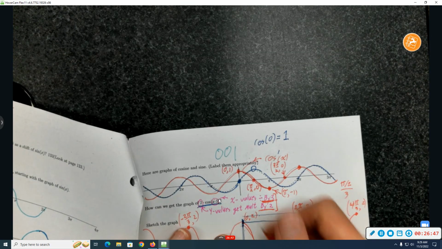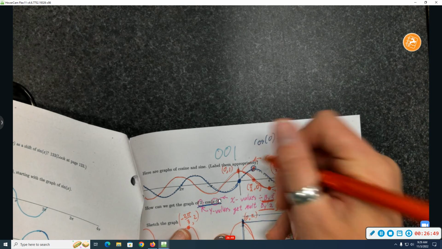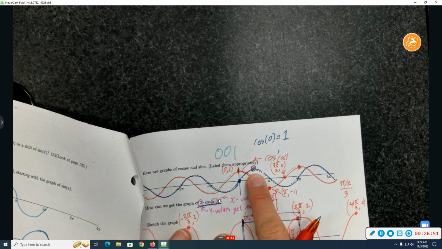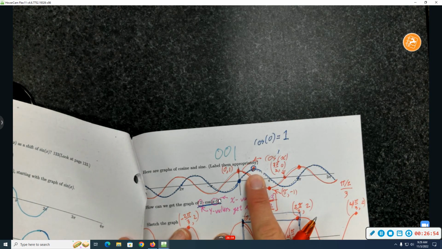And I'll just track a few points. So there's this point here at pi over 2, comma 1. What's pi over 2 divided by pi? Just 1 over 2, the pi's cancel.